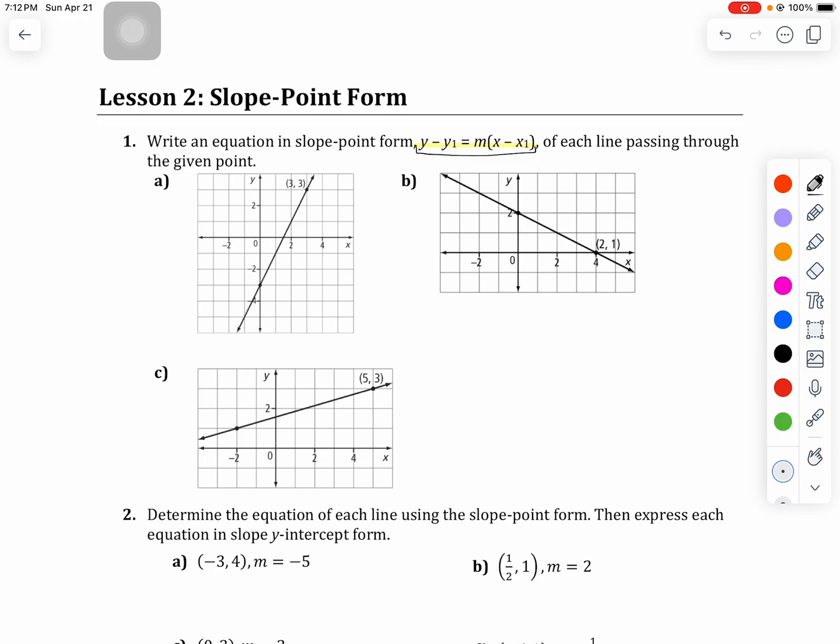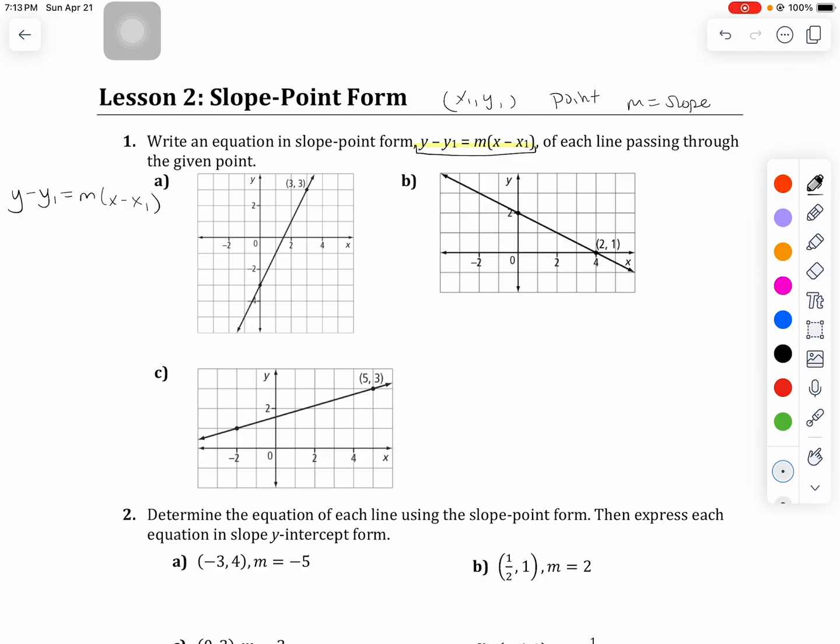So if we've got our x1, y1, that's the given point. And then of course this m is the slope. So if we look at this first equation, every equation needs an x and a y variable, so only one of the x variables, the x1, and one of the y variables, the y1, will be replaced with the point.